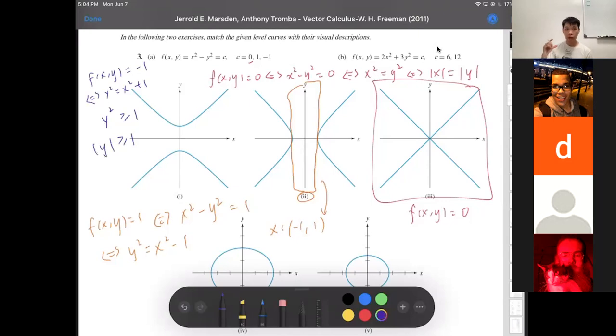So you look at the graph such that there is a gap between 1 and -1 for y. This is empty because the range forces it to be greater than or equal to 1. So that means there is a gap between -1 and 1 for y. That's why this is the level curve for f equals -1.